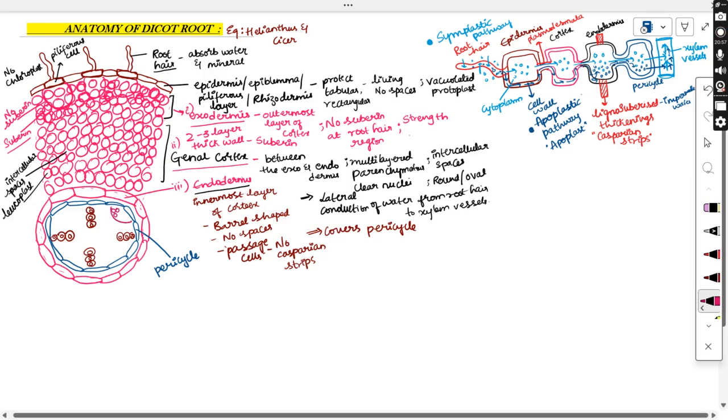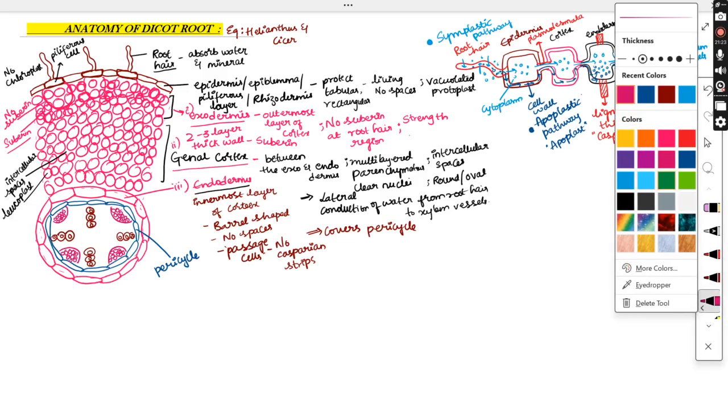The phloem region we are considering here contains all the complex cells of the phloem: companion cells, sieve elements like sieve cells, sieve tubes, phloem fibers, and phloem parenchyma. All these are present in the cells which we are drawing here. So the xylem is on one radius, and the phloem is on another radius.